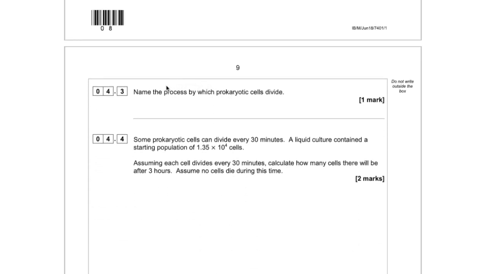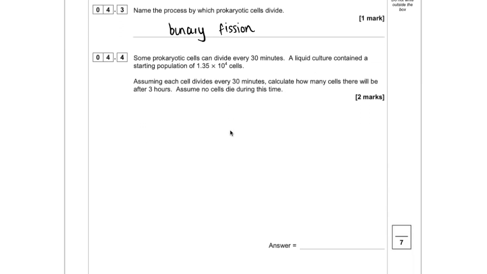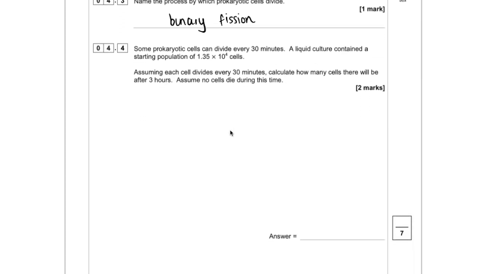Part 3, name the process by which prokaryotic cells divide, and this is called binary fission. There's not really much you need to know about this other than the name and a little bit of detail about how it happens. And finally then, we've got a maths question. We've been told how often some prokaryotic cells can divide.